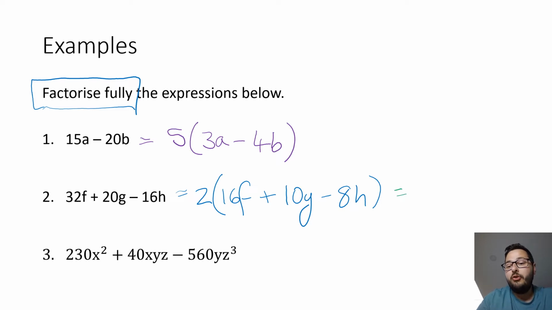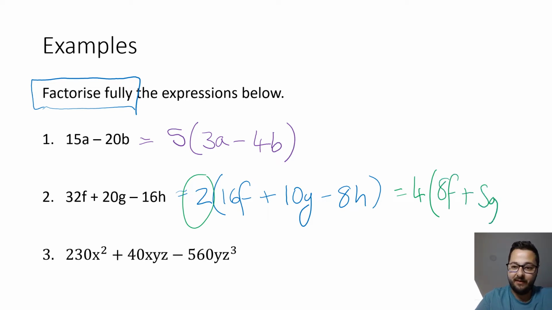I'm pulling another 2 out because we've already got a 2. When we pull out a 2, that's going to be 2 lots of 2, which is 4. And now we want to divide everything in these brackets by 2. Half of 16 is 8, half of 10 is 5, and half of 8 is 4. And then I can see that this can't be factored anymore, so I'm done.